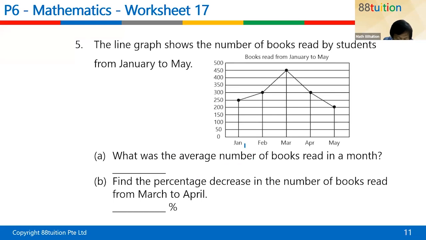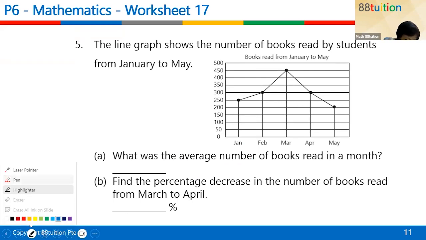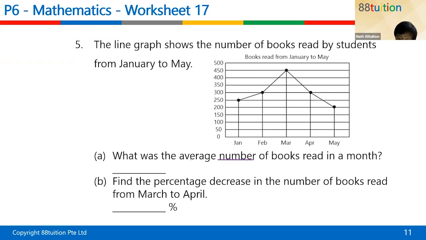Okay, average number. So there are 5 months. So first thing first, you need to write down the values. February 300, March, April, and lastly May.